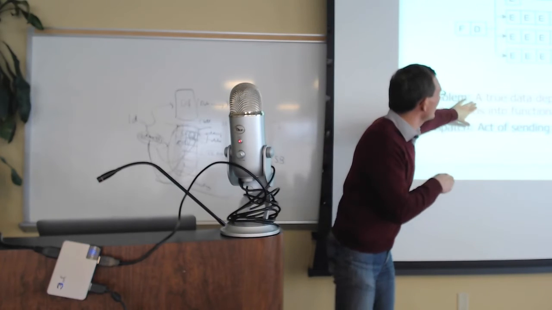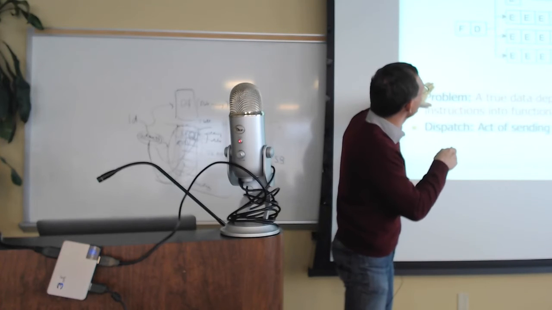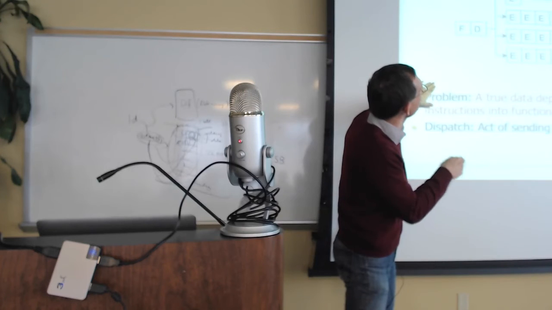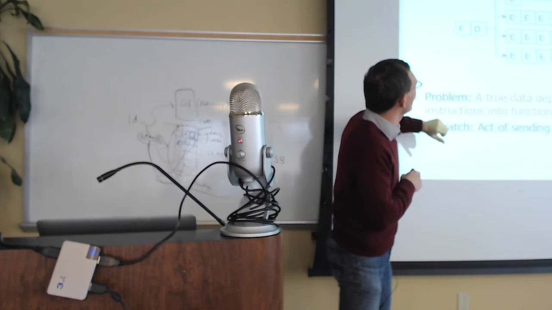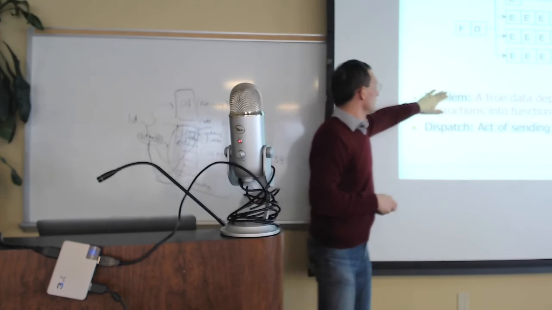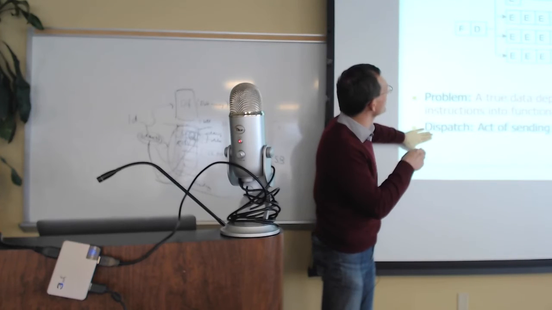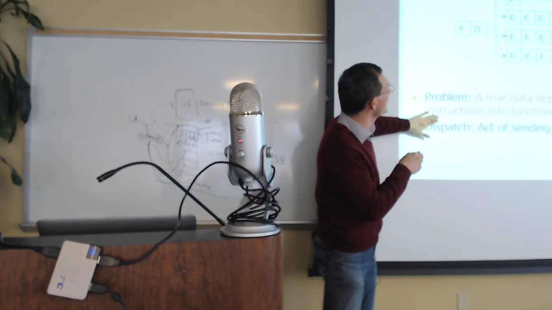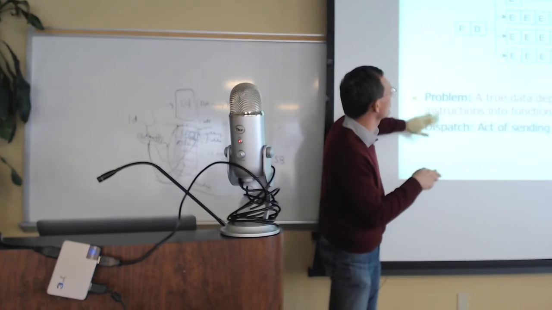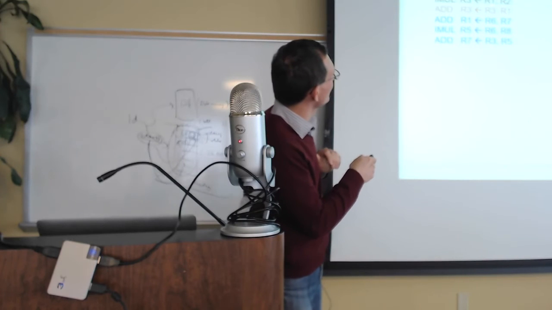But if you have a true data dependency, you have to stall because this instruction that's being decoded needs a value that's to be produced later by one of these instructions in the pipeline. And if you move this forward, you can get incorrect results. And we've already discussed what a dispatch is. Dispatch is the act of sending an instruction to a functional unit. So you cannot send an instruction to a functional unit if it's dependent on one of the instructions that are being executed over here. So let's take a look at two cases.